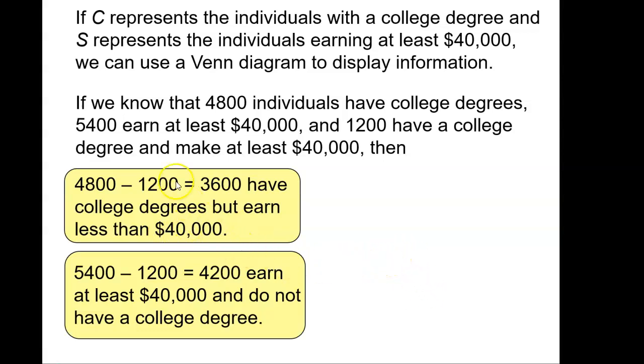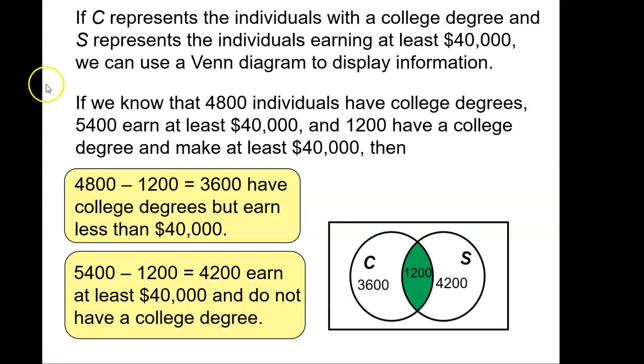Now, if we take 5,400 and subtract 1,200, that would give us 4,200, which earn at least $40,000 and do not have a college degree. So here we can see what the Venn diagram looks like. Now, in the middle, we have the intersection.